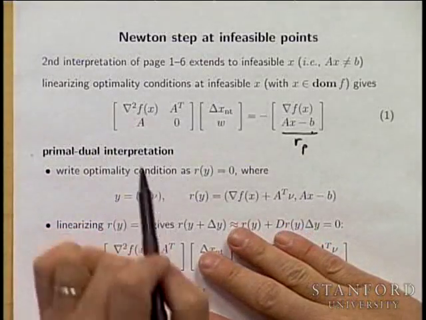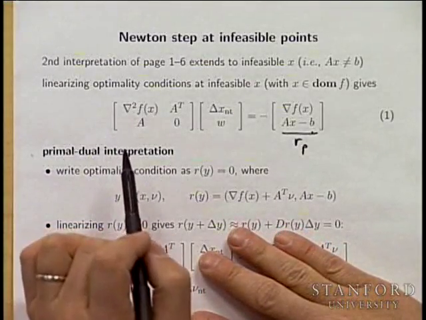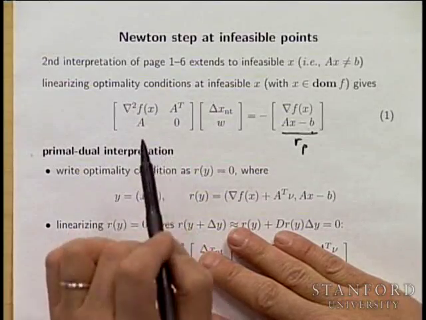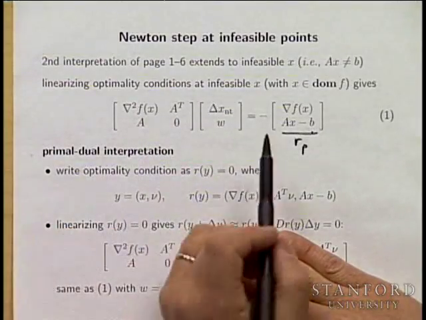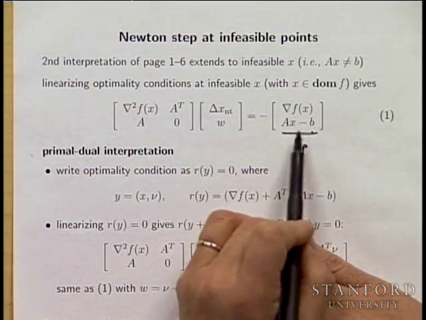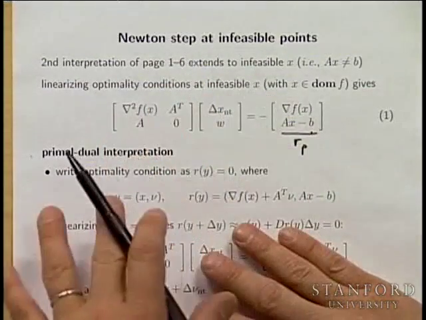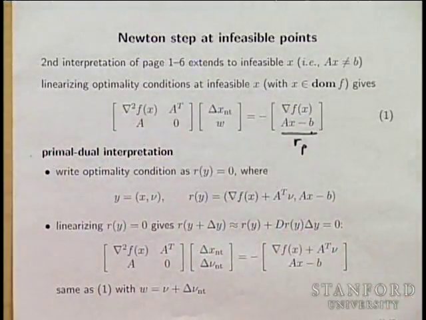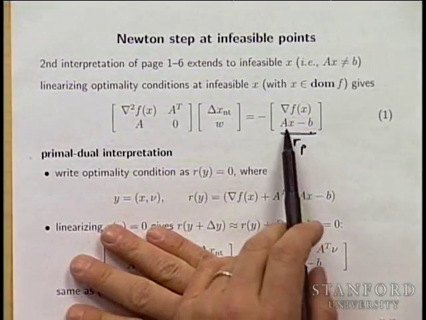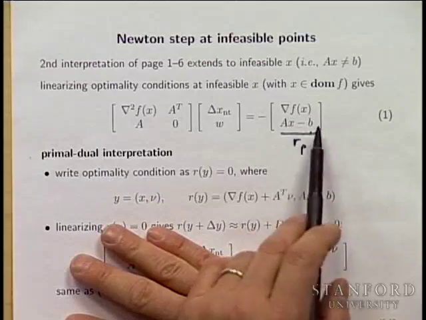By the way, if you're feasible, this is identical to the Newton direction for a feasible point, because in that case the primal residual is 0. So this Newton step at an infeasible point is a generalization of the Newton step when you're feasible. However, it allows a non-zero residual here.